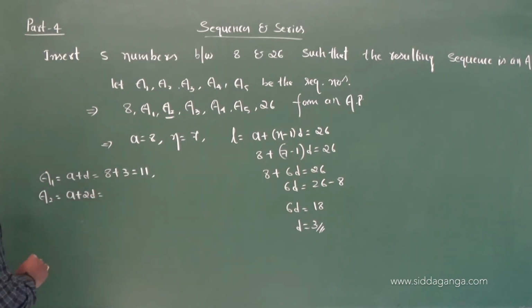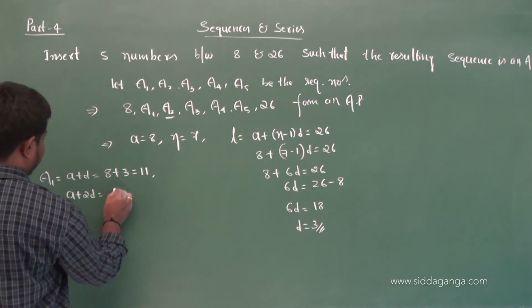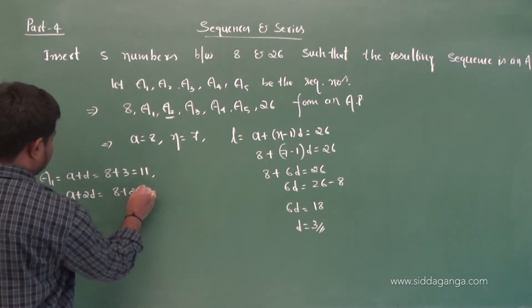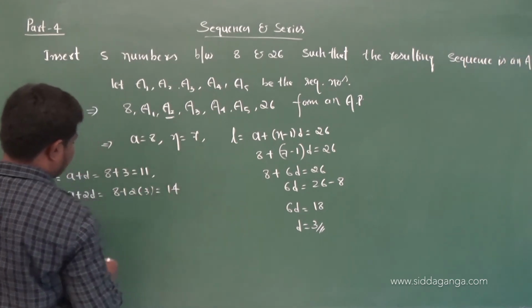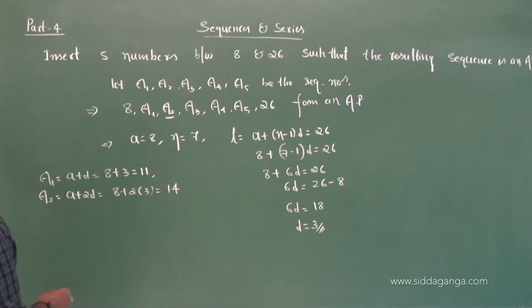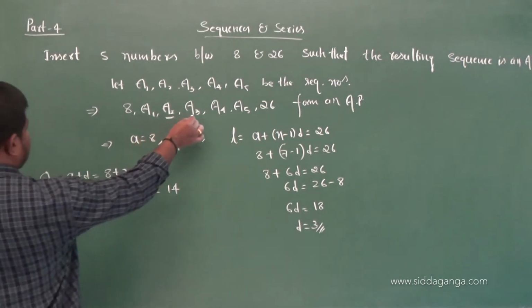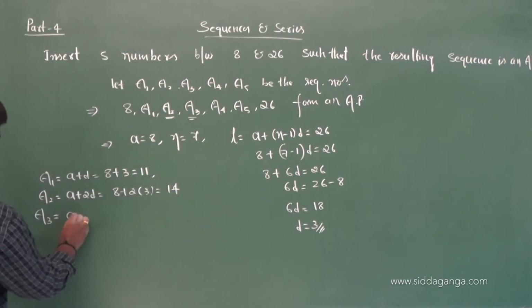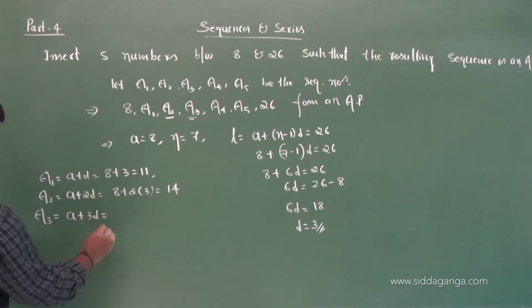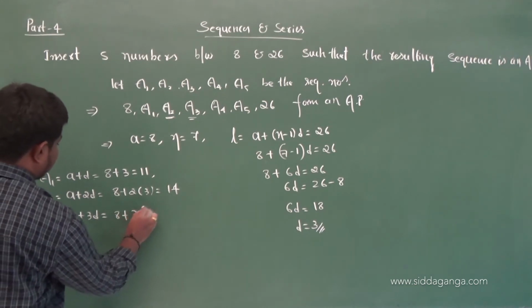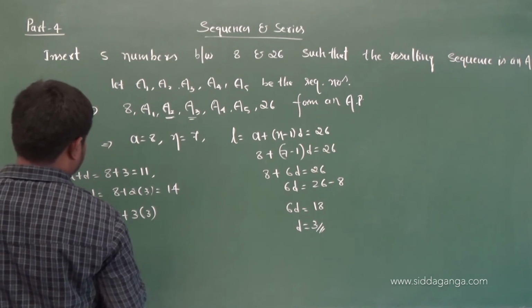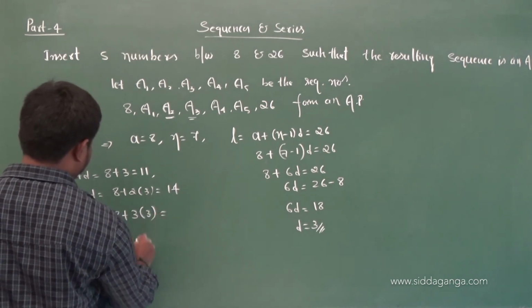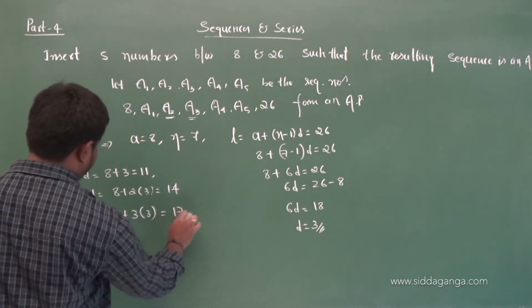So 8 plus 2 into 3, 8 plus 6, 14. So A3, you mean fourth term, that is A plus 3D. So 8 plus 3 into 3, so you get 8 plus 9, 17.